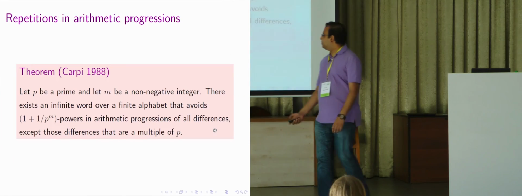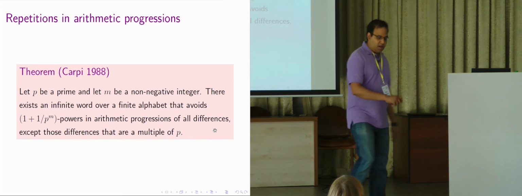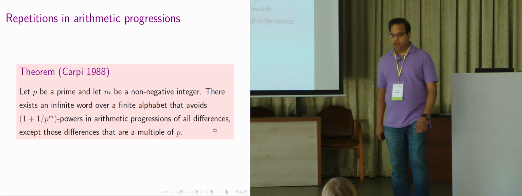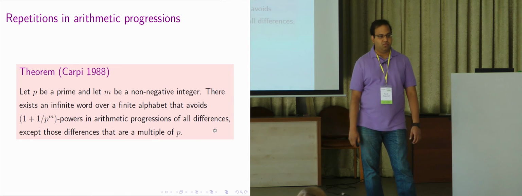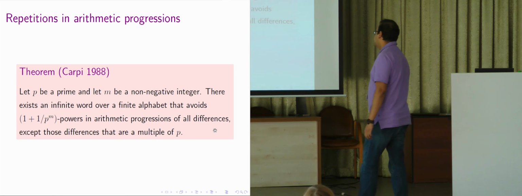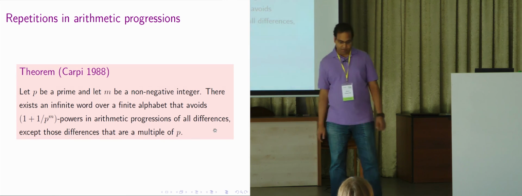Okay, so you remember I told you about this theorem, and we kind of started the proof a little bit. So let me just remind you what it was we were trying to prove.